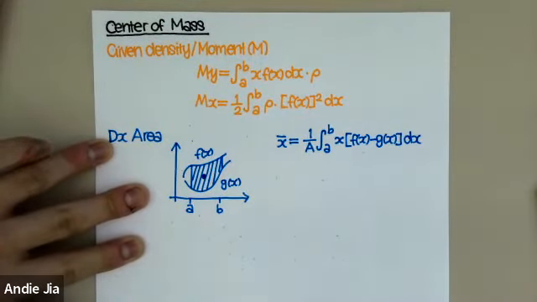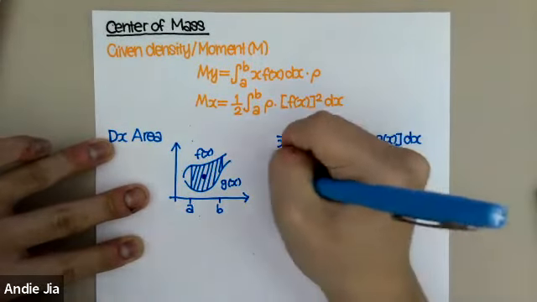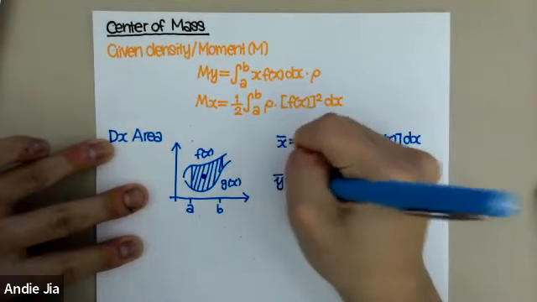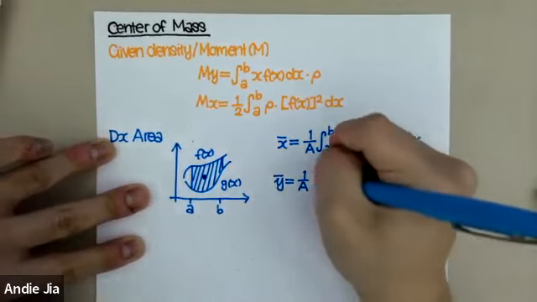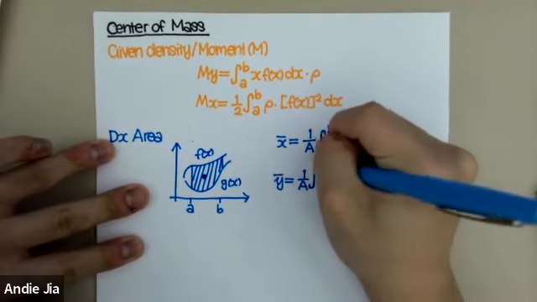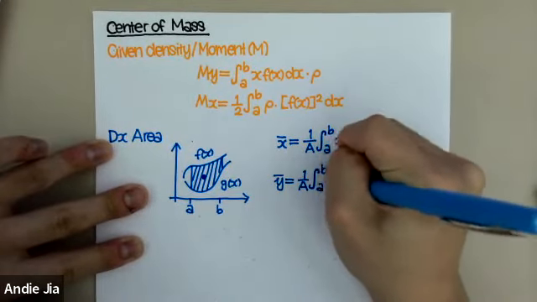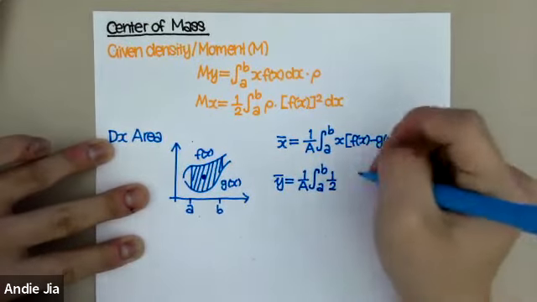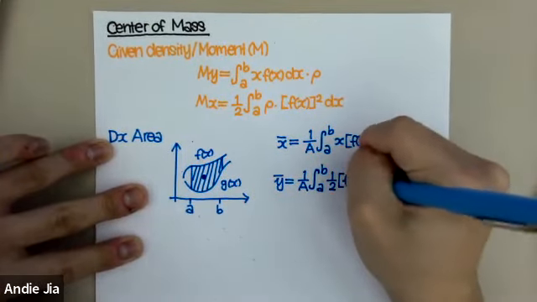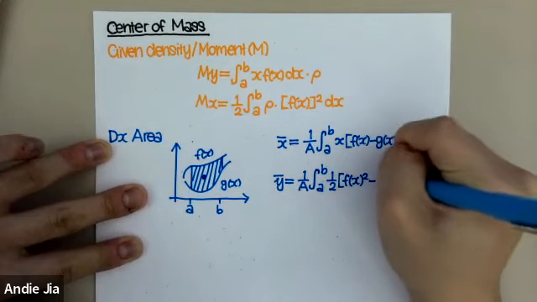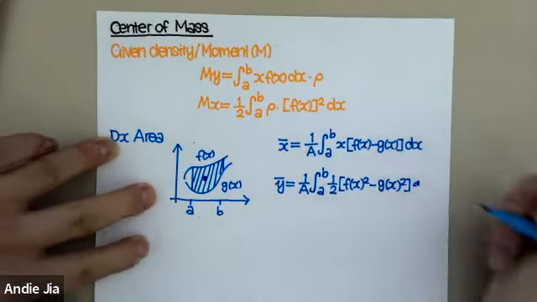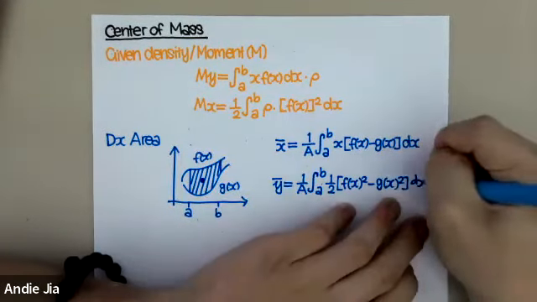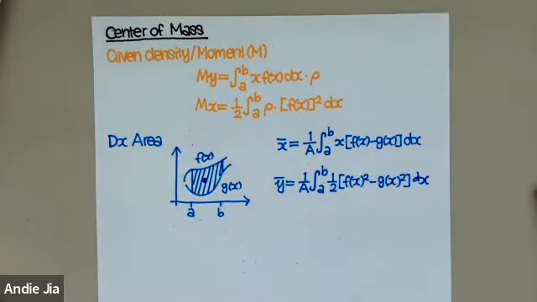If you're solving for y bar, it's going to be 1 over A times the integration of 1/2 times f of x squared minus g of x squared, dx.